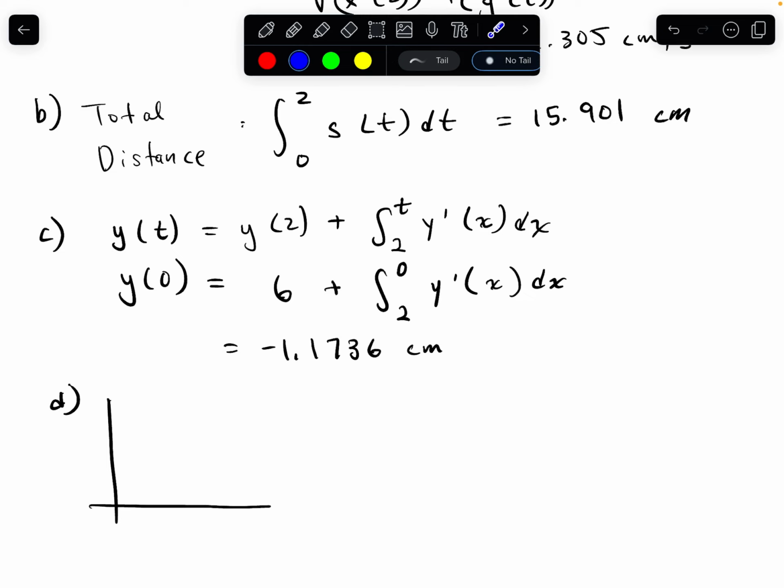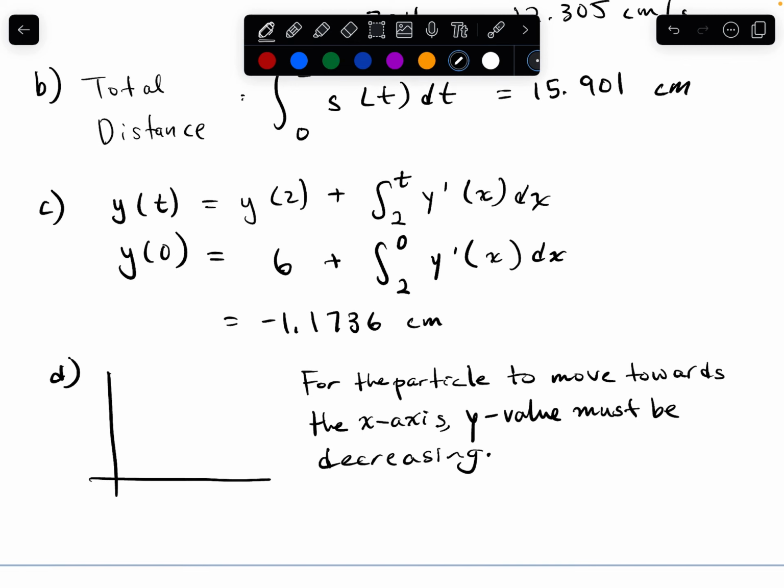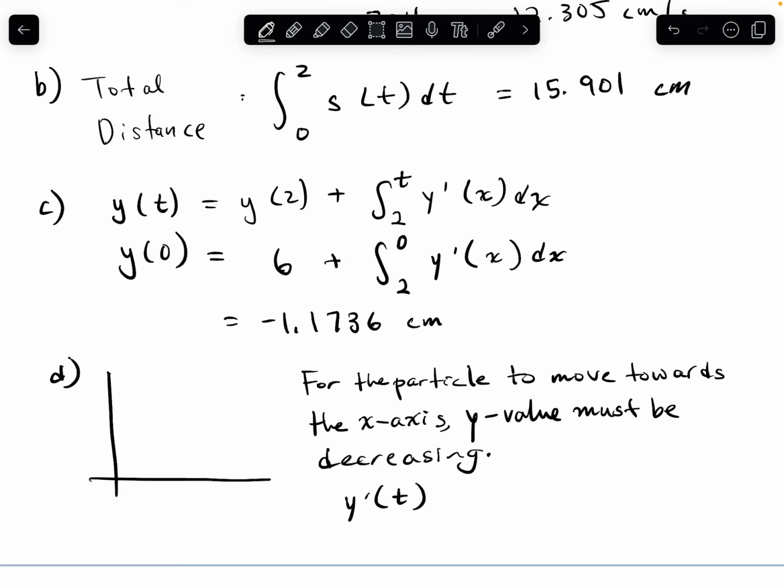Let me write this: for the particle to move towards the x-axis, the y value must be decreasing. That's for the particle to be moving down. So what we're looking at is, when is y prime of t going to be negative?